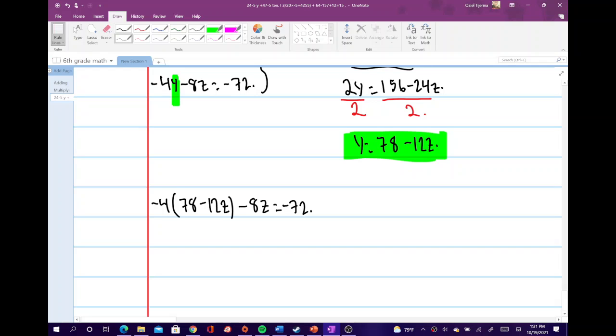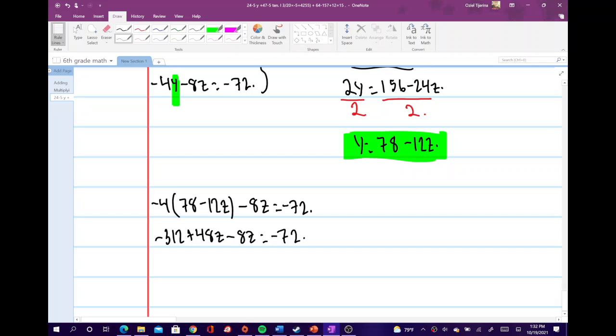Using distributive property, what is 78 times 4? We have -312, and then 12 times 4 is 48. So plus 48z minus 8z equals -72.